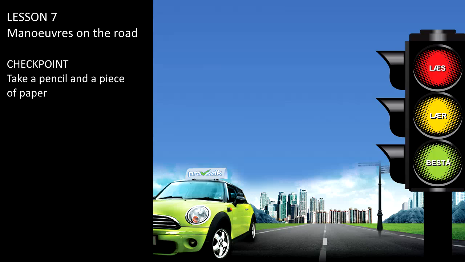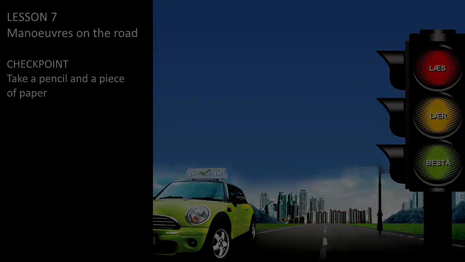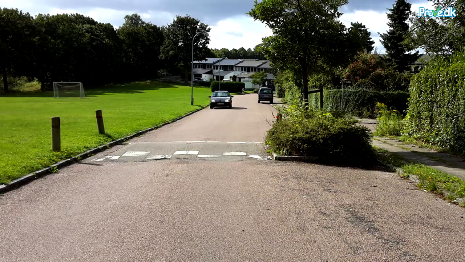Checkpoint. Take a pencil and a piece of paper. You are driving at the speed of 30 kilometers per hour. How will you continue? I will continue driving at approximately the same speed of 30 kilometers per hour. I will apply the brakes. I will give way to the oncoming vehicle.